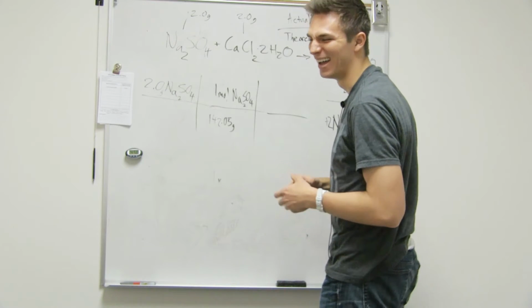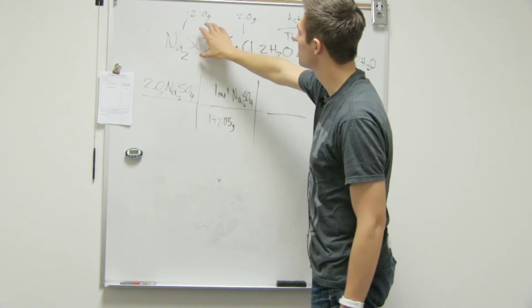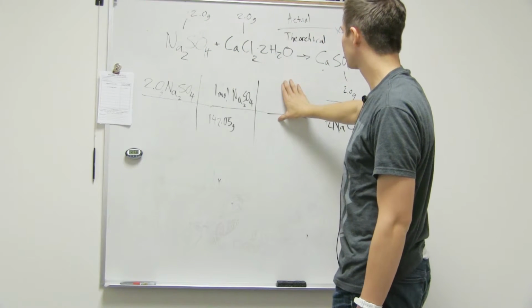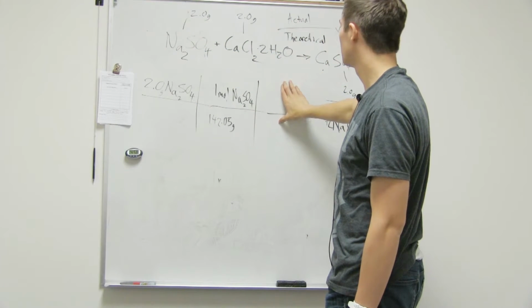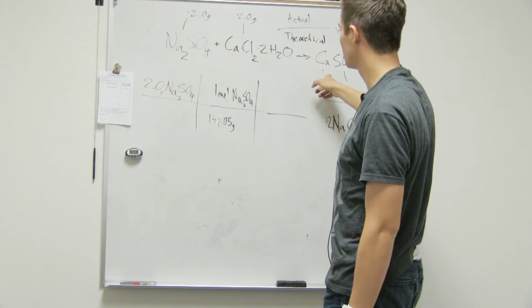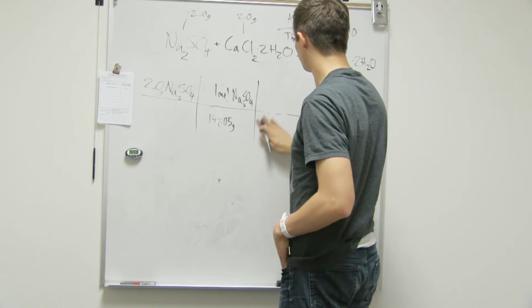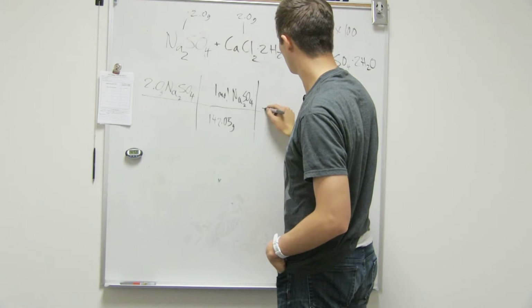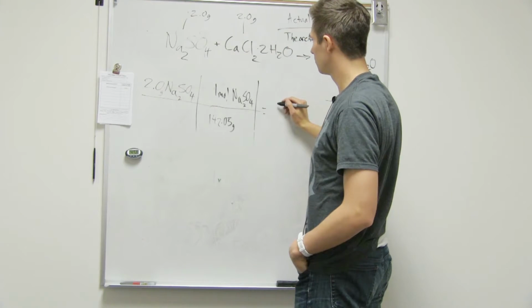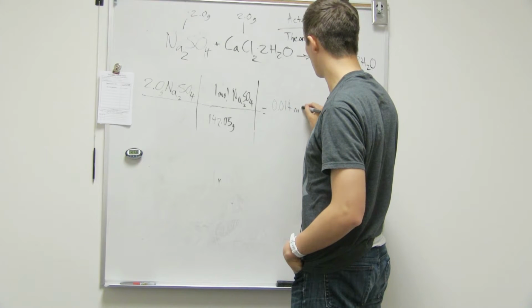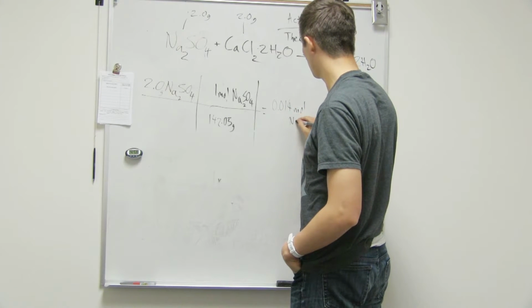So basically we're taking this in grams, going to moles. It equals 0.014 moles of Na2SO4.